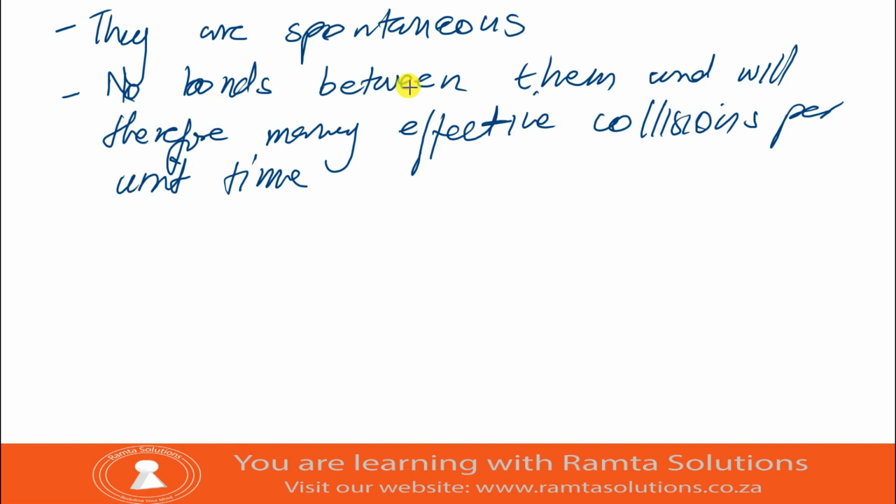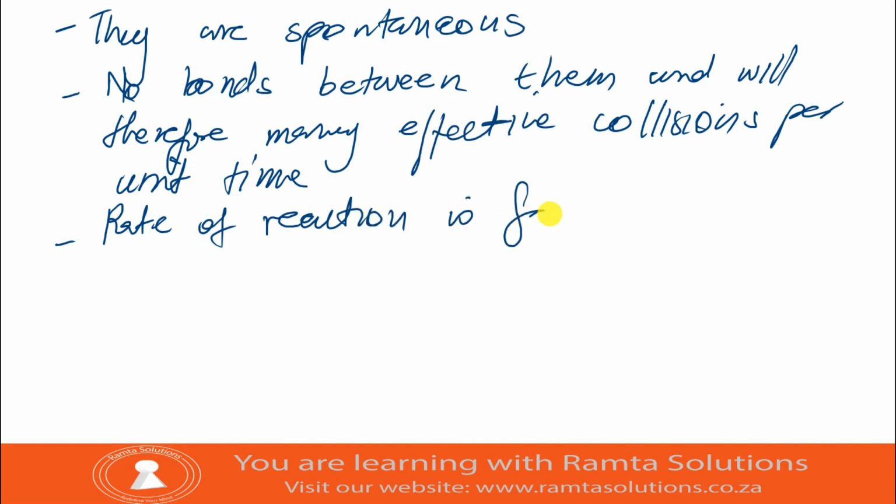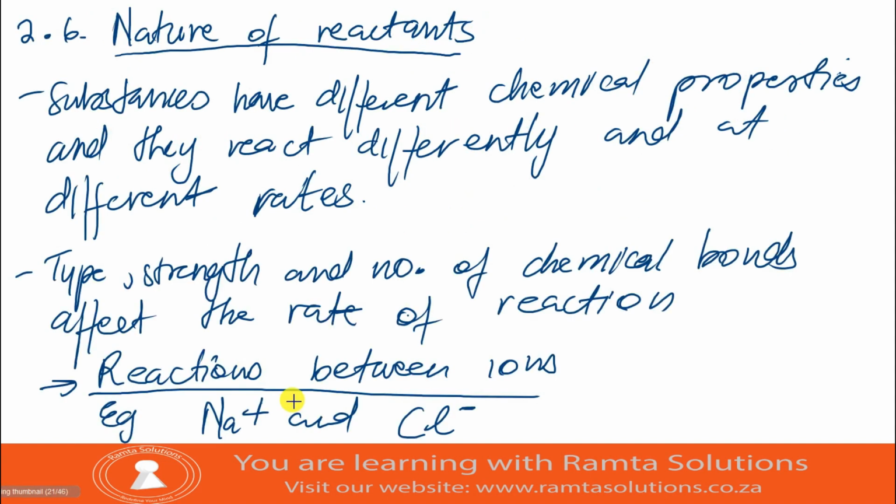Why? Because there are no bonds between them, and therefore they will have more effective collisions per unit time. This means the rate of reaction increases, or it's faster. The rate of reaction is faster for reactions between ions.